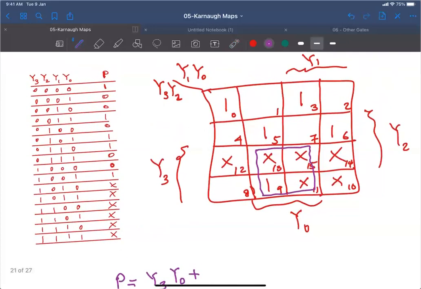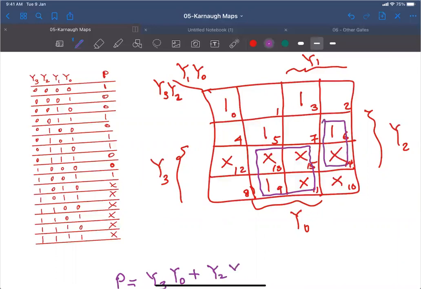What is the next one? Come on, guys. We have a lot of choices here. Okay. 6 and 14. Yes. 6 and 14. Excellent. Okay, 6 and 14, and this corresponds to what? It's y2, and it's outside.